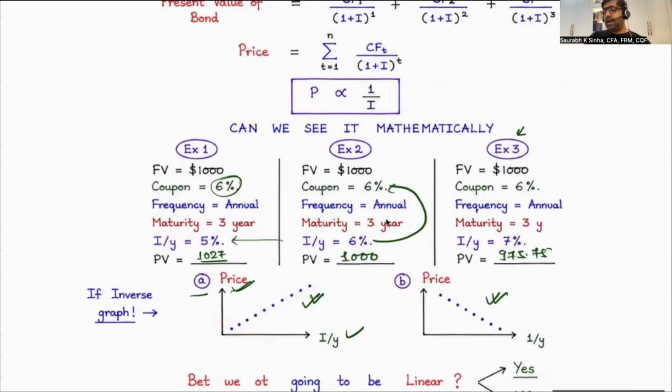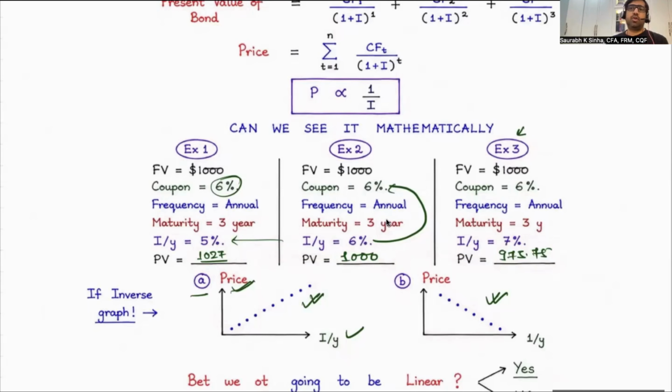Or it will have an image where if interest rate is rising, then the bond price is falling. If you see from this example, if interest rate is rising, bond price is falling from 1027 to 1000 to 973.75.